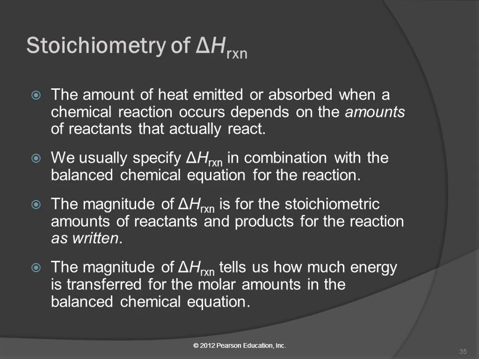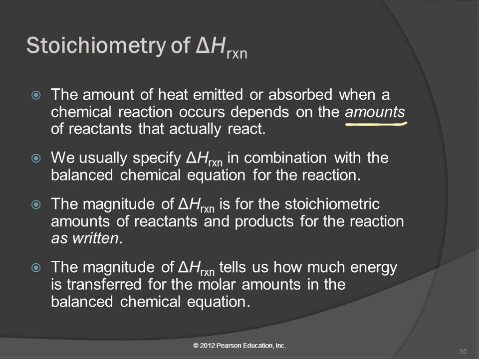Now, the amount of heat that is emitted or absorbed is going to depend on the amount of reactant or product. Because if you burn 1 mole of gas or you burn 10 moles of gas, which one's going to give you more energy? 10 moles, right? So the amount of energy that is released is dependent on the amount of reactants that are started with.